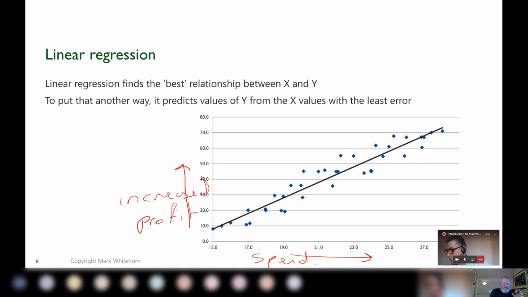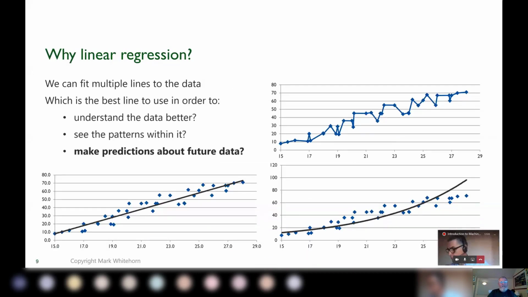So given that this client has asked us to predict the profit from the spend, this is not an unreasonable place to start. Is it the only form of regression we can use? No, there are lots of ways of joining those points. Here I have played join the dots. This is usually not a good algorithm, incidentally, for prediction, but it's one possible way of linking X and Y.